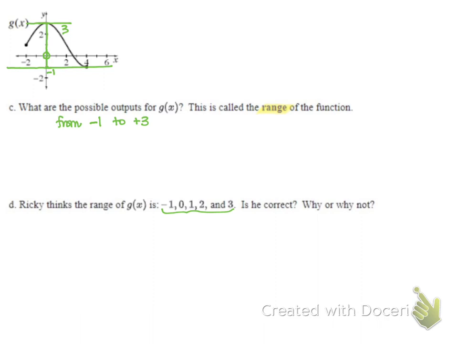I think he's missing a ton of numbers. So, nope, I don't think he's correct. Ricky is missing all of the decimals and fractions. So, yeah, he doesn't have everything. He's missing some stuff. Okay.